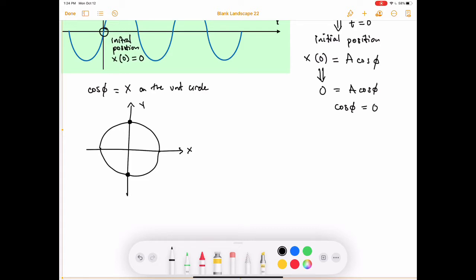So essentially, we have two possible angles. One of them is this one, which is an angle of pi over 2 radians, or 90 degrees. This one is 3 pi over 2, or 270 degrees. Now, these are both possible, so we don't really know the answer until we do some more work. So phi is equal to pi over 2, or 3 pi over 2. We don't know which one is correct yet. We need to test each possibility.